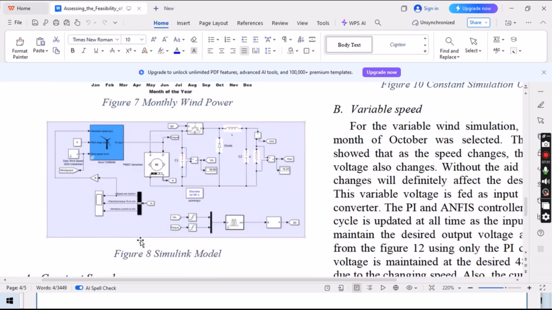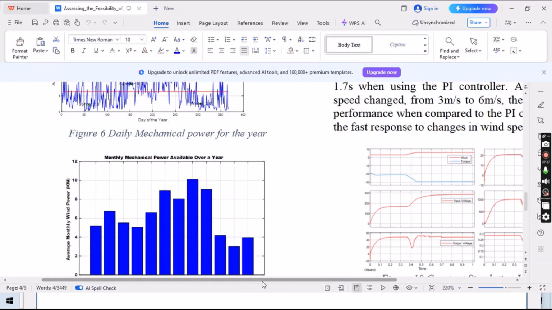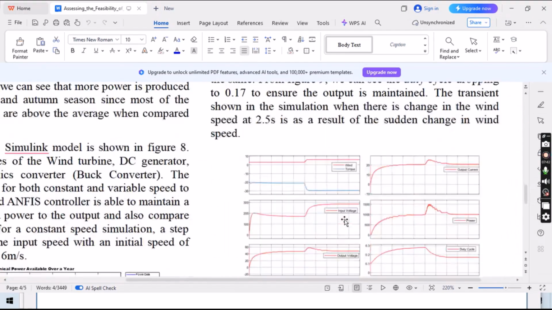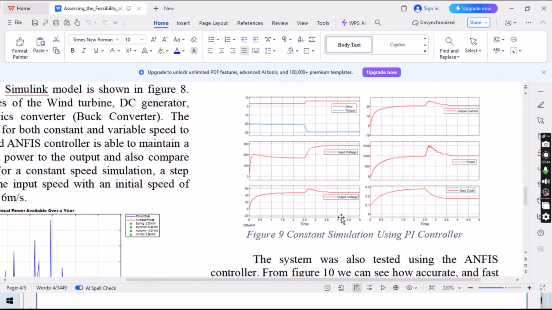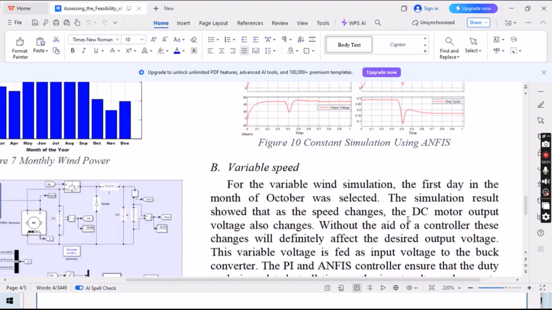This is the complete Simulink model we have used, with constant speed. Next are the output graphs we have added: the constant simulation using the PI controller, and the constant simulation for the ANFIS. In these graphs we generated the wind torque, input voltage, output current, power, and duty cycle as well.